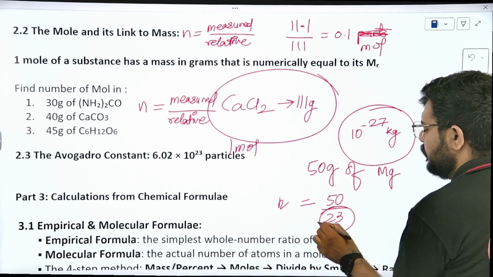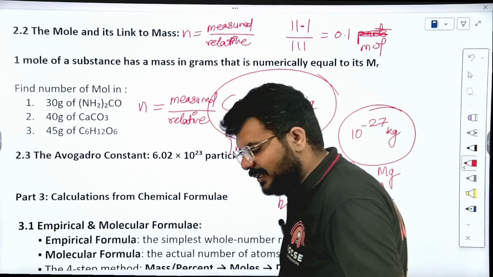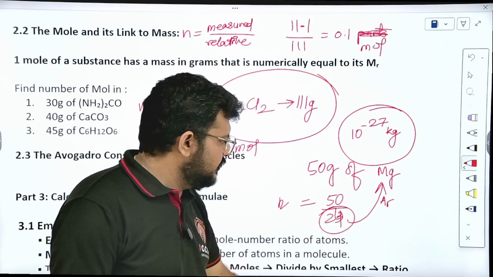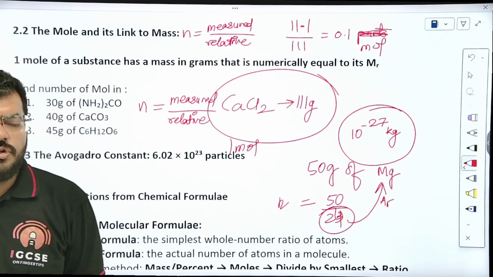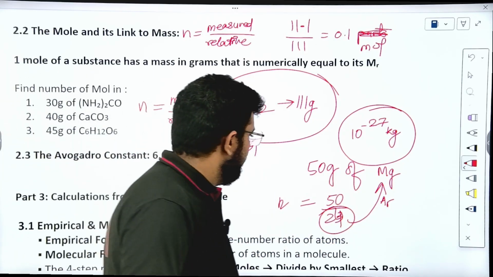Why 23? Because 23 is the Ar, the relative atomic mass of magnesium. 23, or I think 24, right? So you can easily find out the number of moles using this simple formula.